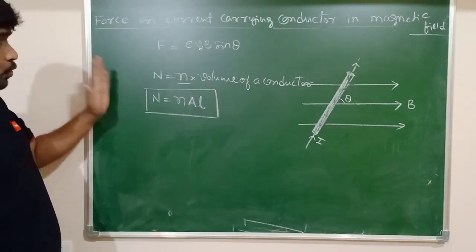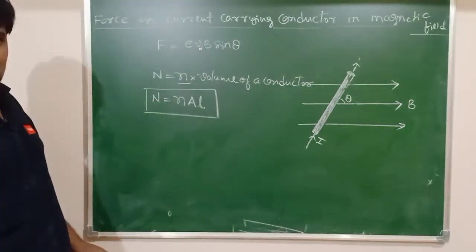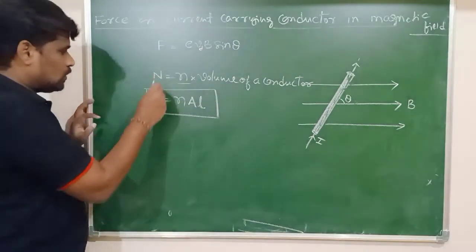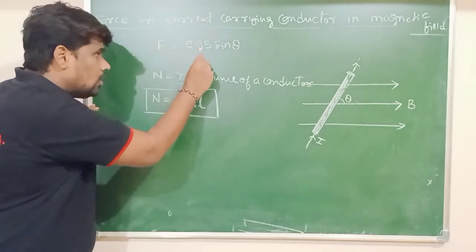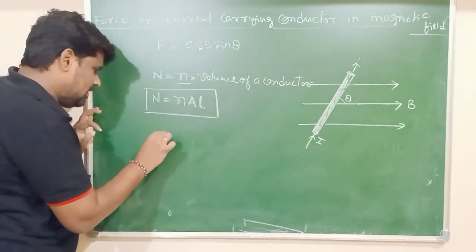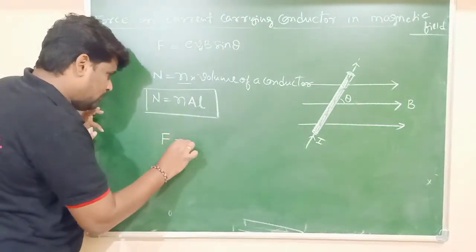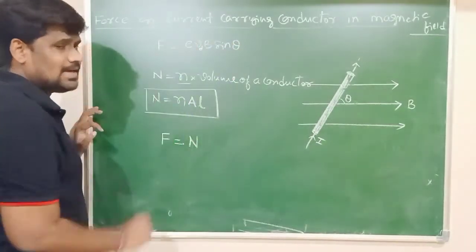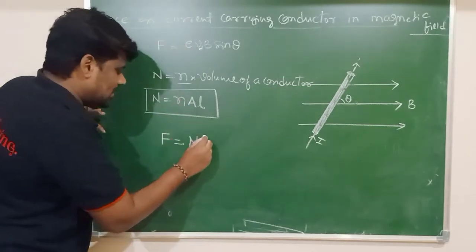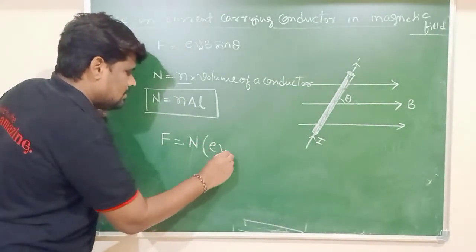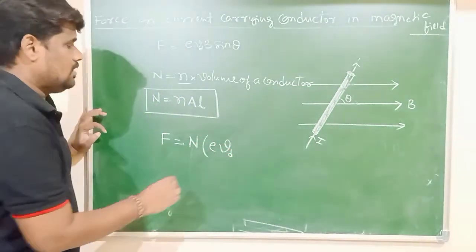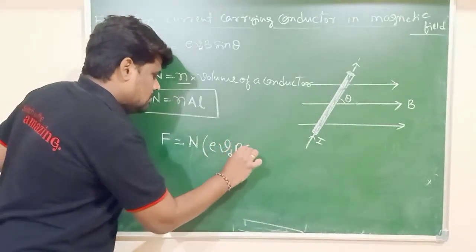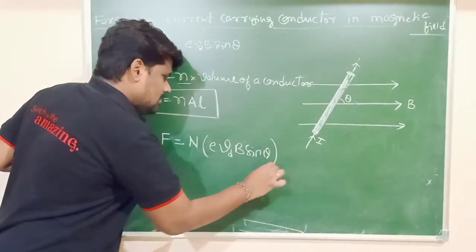Then what is the total force acting on all the electrons in a conductor? The total force acting on all the free electrons in a conductor is given by F equals n times the force on a single electron. What is the force on a single electron? e Vd B sin theta.